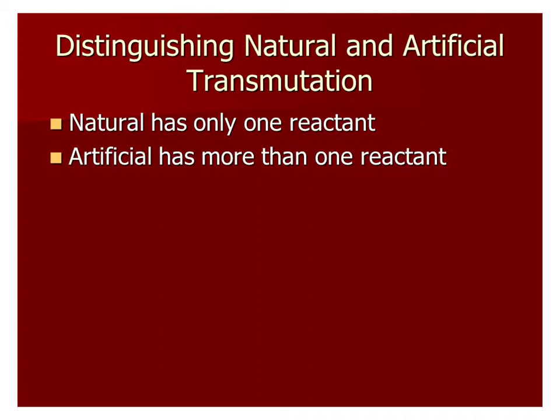In this case, we are probably bombarding two materials together to try and create another material, either by itself or a large material with some type of offspring, like an alpha particle or gamma rays or something like that. So a combination of two materials as reactants is the artificial one. Natural is the one that only has one reactant.